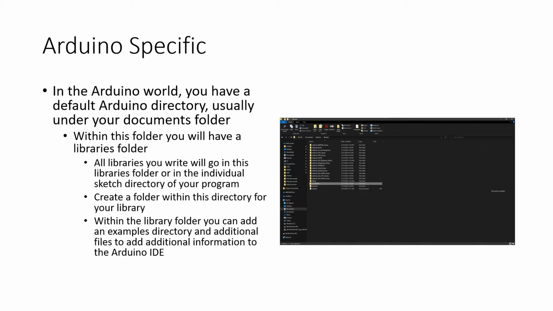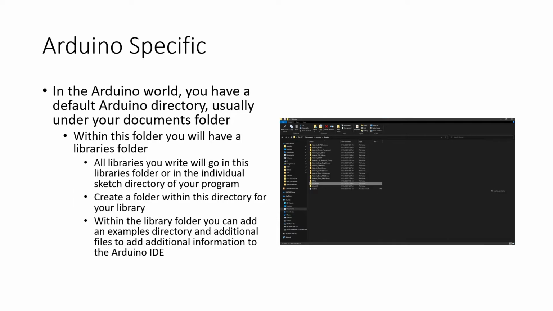These are really nice to add if you want them. However, they're not required to work in the Arduino IDE. So if you want them, add them. If you don't want them, don't add them. Within your library folder, you can also include a directory called examples. If you do this, any code that you put in there as examples will show up in the sketchbook examples option in the menu at the top of the screen.